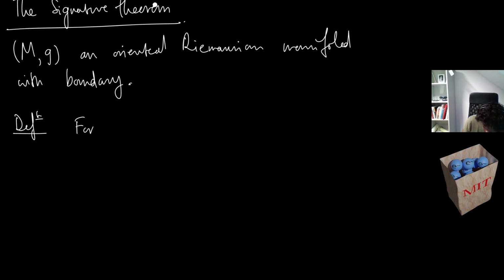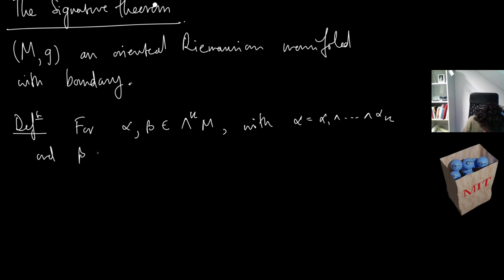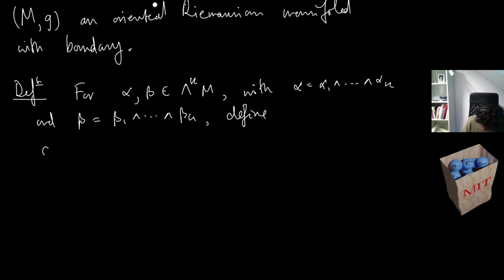Okay. So for alpha and beta k-forms on M, with, say, alpha equals alpha 1 wedge up to alpha k, and beta equals beta 1 wedge up to beta k, define an inner product on these forms, alpha beta, by just taking the determinant of these.